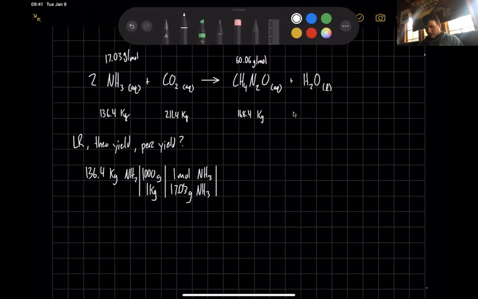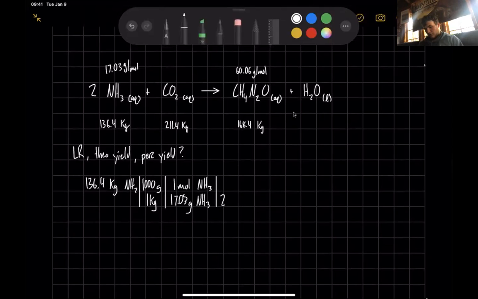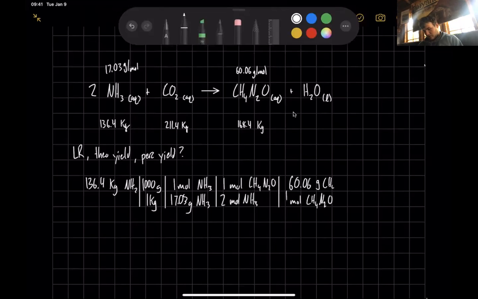We know that for the given reaction, 2 moles of NH3 go on to produce 1 mole of urea. And we know that 1 mole of urea weighs 60.06 grams of urea. I should just be writing urea out.